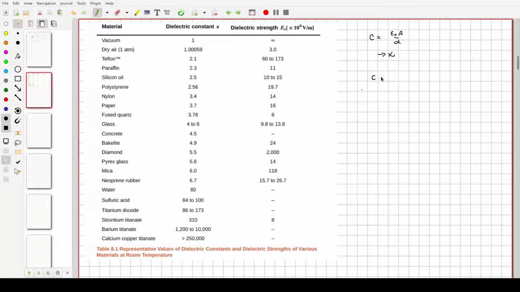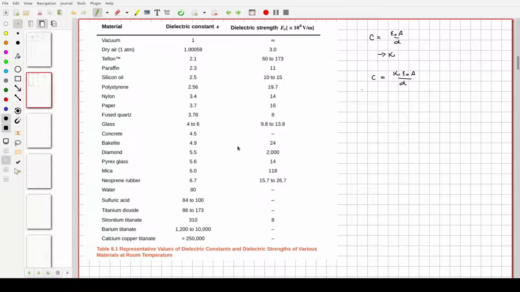So our new capacitance would equal kappa epsilon naught A over D. So for example, the act of putting water in between the plates of your capacitor increases its ability to store energy by a factor of 80. Now that's fantastic. So that allows you to get away with much smaller capacitors that can store much more energy.